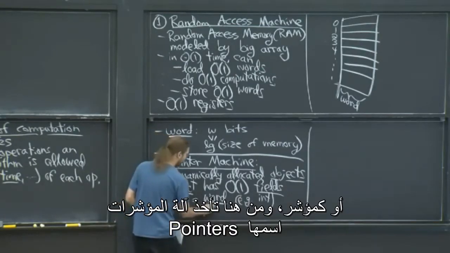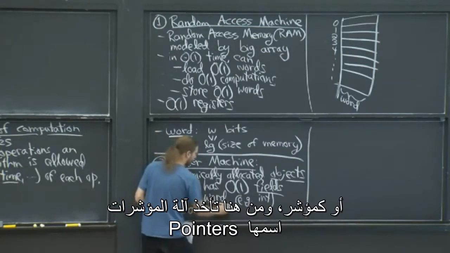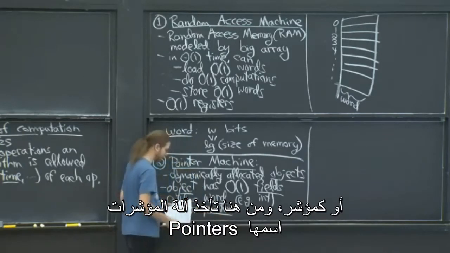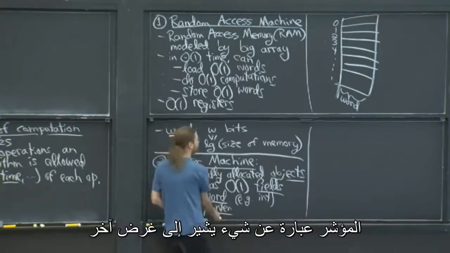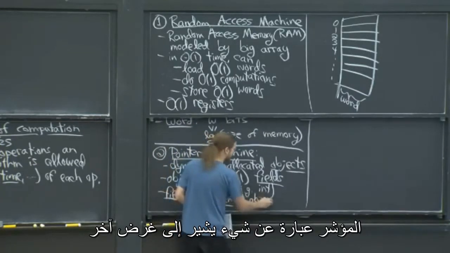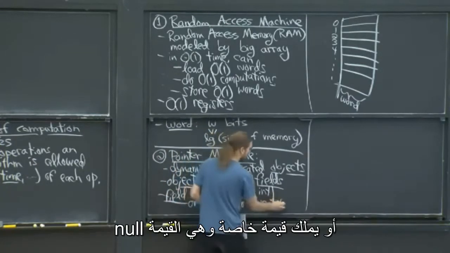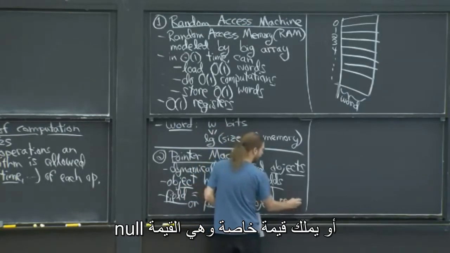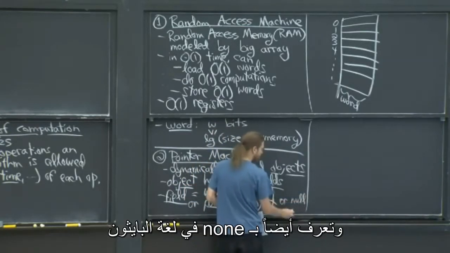Or a pointer. And that's where pointer machine gets its name. A pointer is something that points to another object or has a special value null, also known as nil, also known as none in Python.